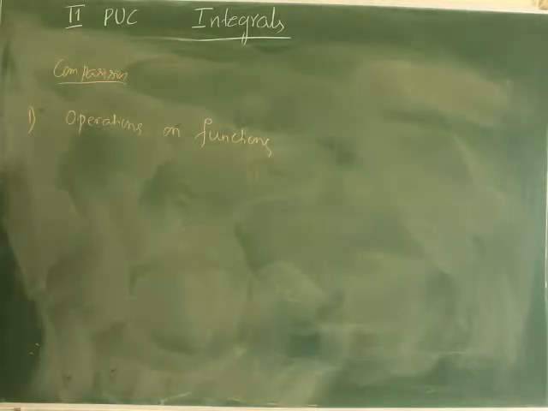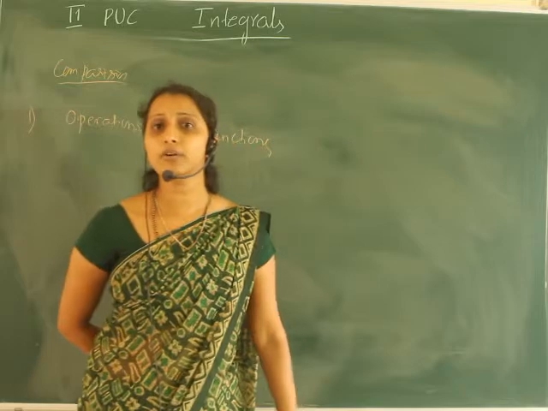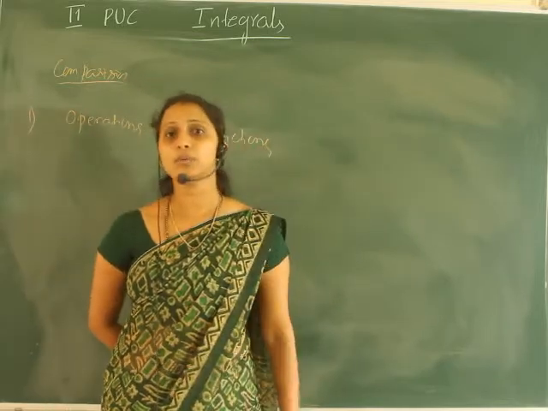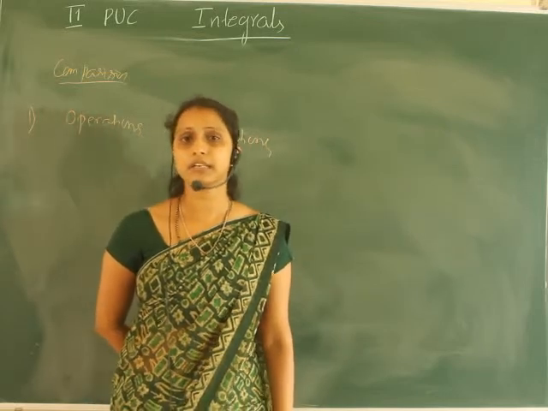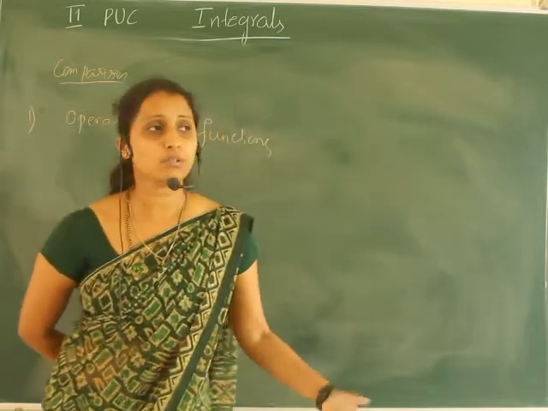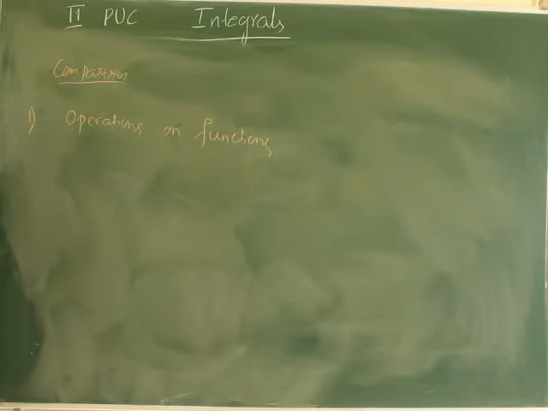Next, the second one. In the derivative, we can write the derivative of f1 of x plus f2 of x plus f3 of x, and so on, as the sum of the derivatives: the derivative of the first function plus the derivative of the second function plus the derivative of the third function. Similarly, we can write it in the case of integration also.